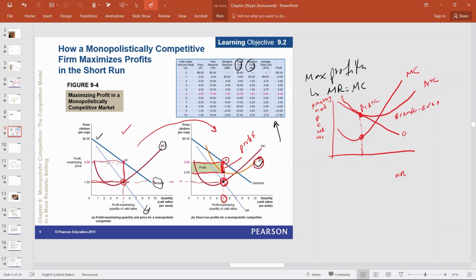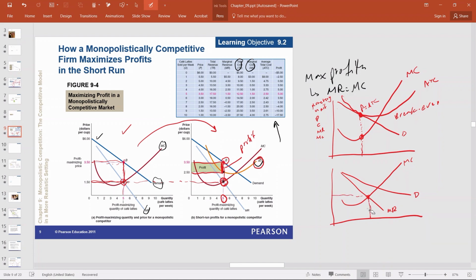Now, if I want to show that this company is making losses, I will redraw. This is marginal cost, demand, marginal revenue, and this is the quantity that is used to show the maximization of the profit.